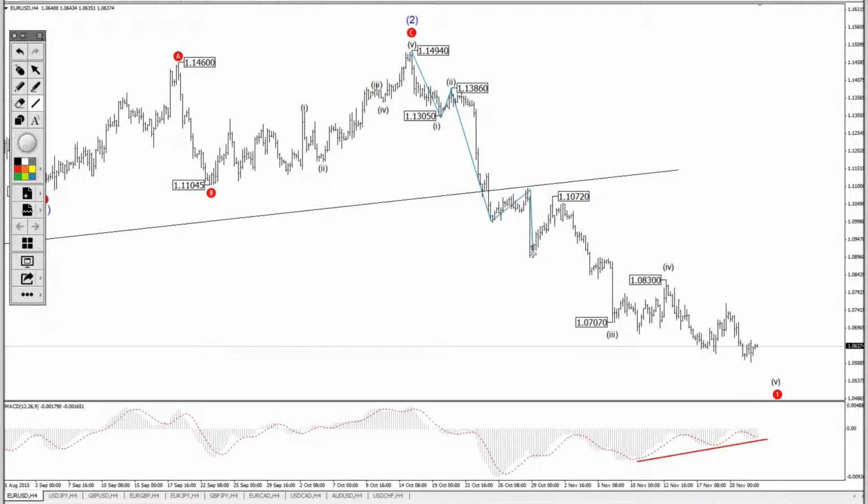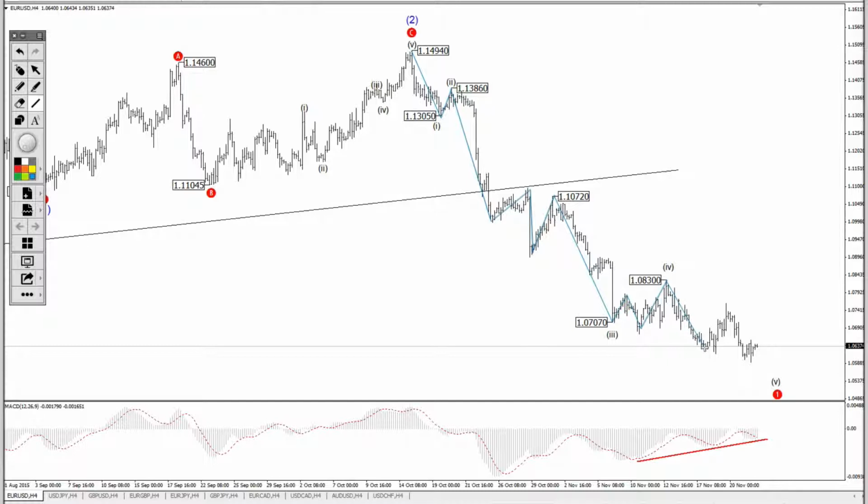We have a big corrective phase in the middle, all the way down to 107.07. That would be the end of the third wave. Then we have a sideways correction as wave 4 up to the 108.3 peak, and now this last downwards overlapping decline might be forming an ending diagonal triangle.